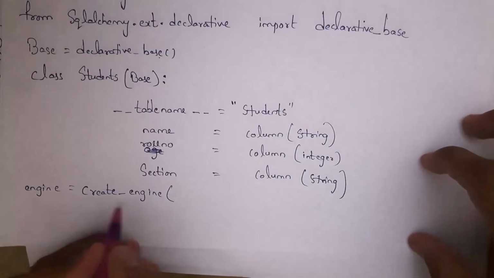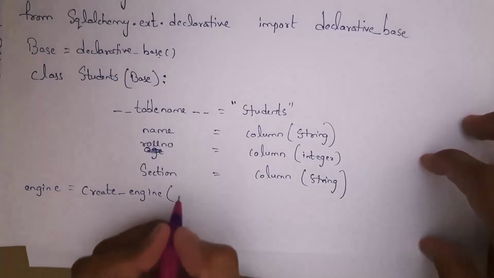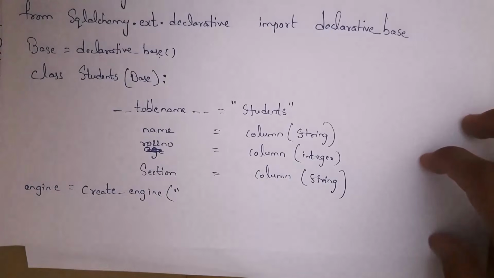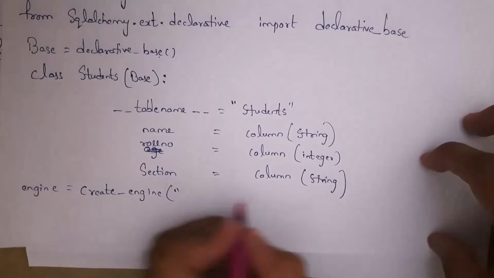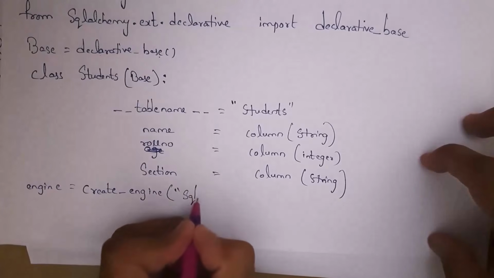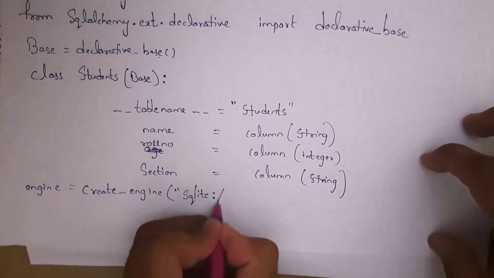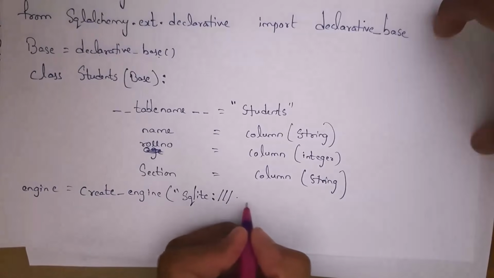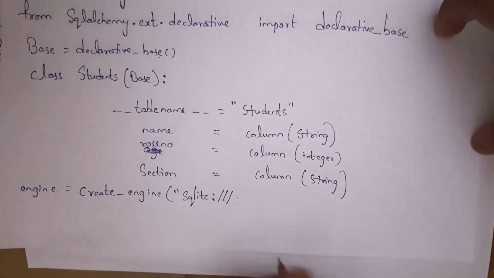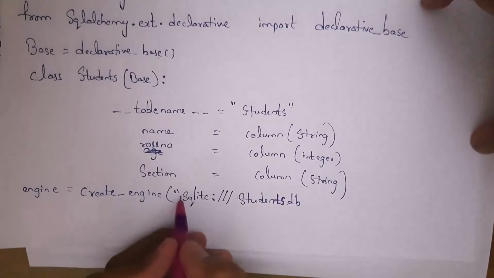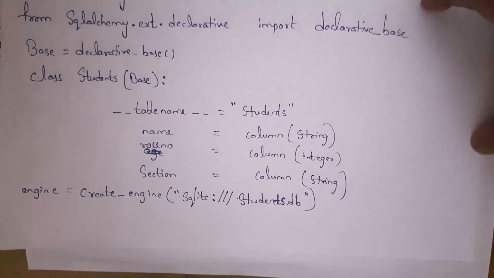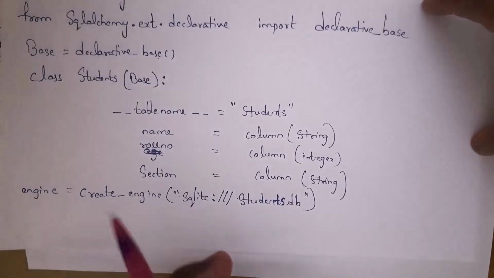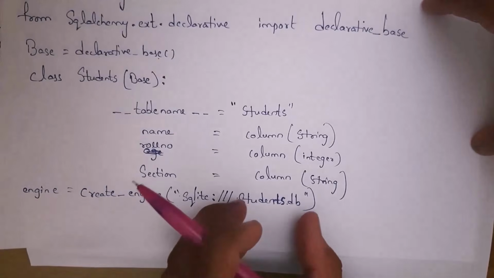After writing create underscore engine, I want to create SQLITE 3 database. So in quotations I am writing here SQLITE colon slash, here you need to give database name. I want to give database name as students. So just write here students.db and close these quotations and close bracket. Whenever I run this line of code, it will create database. The database name is students.